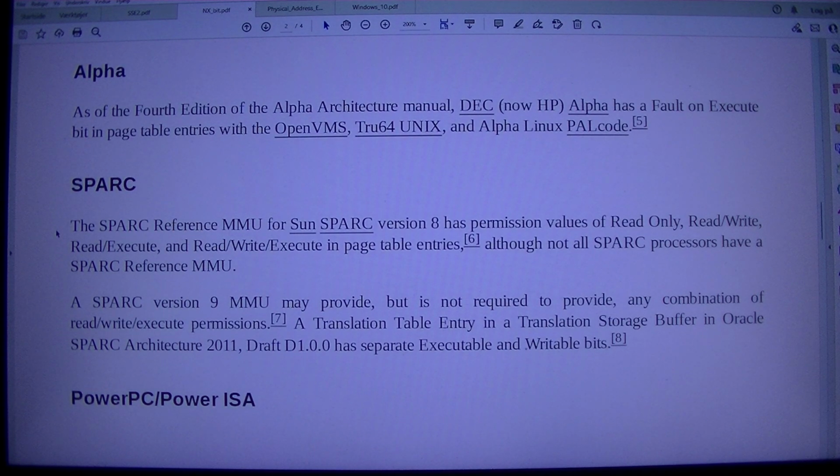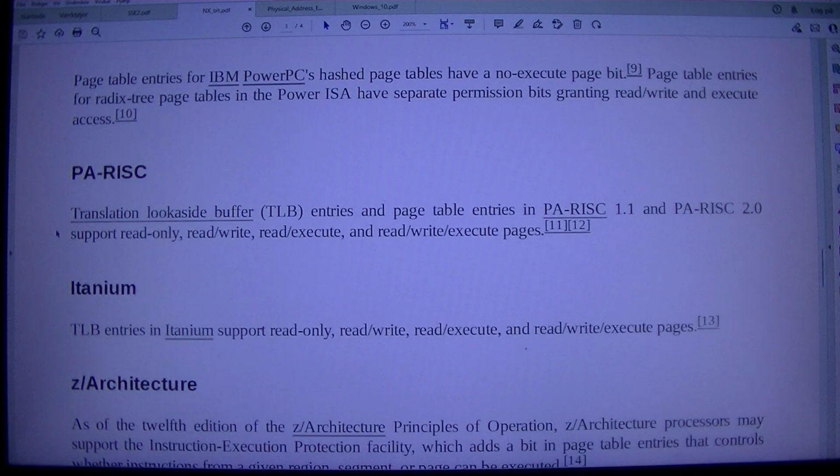PowerPC / Power ISA. Page table entries for IBM PowerPC hashed page tables have a no execute page bit. Page table entries for Radix tree page tables in the Power ISA have separate permission bits granting read/write and execute access. Power ISC.